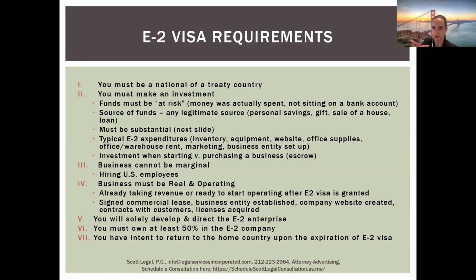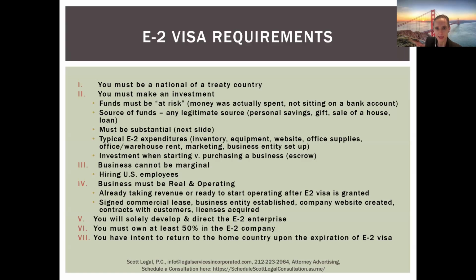Or if you have letters of intent from potential clients, that's always very helpful to submit. If you can get contracts signed with clients, that is also really helpful. Always for the E-2, show that you already have clients interested in your services or goods, and they were willing to sign either letters of intent or contracts.